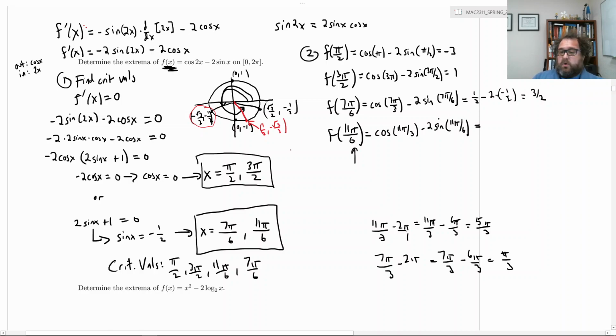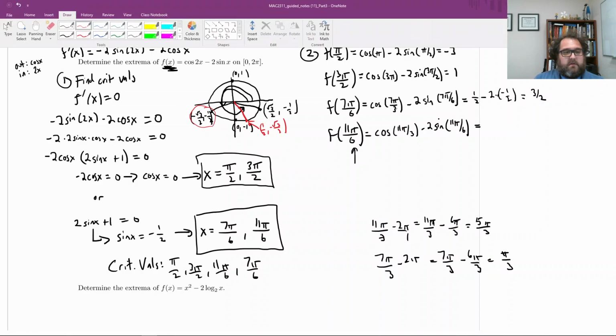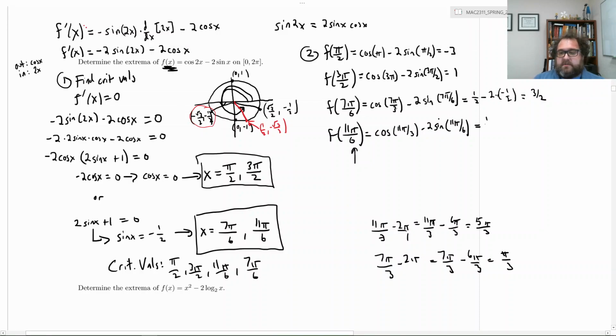So what's the cosine value? The cosine value is positive 1/2. Okay, need my black pen back. Positive 1/2, just like before.